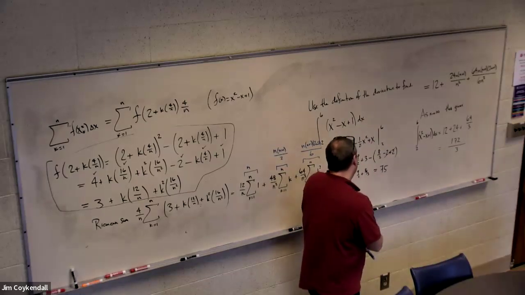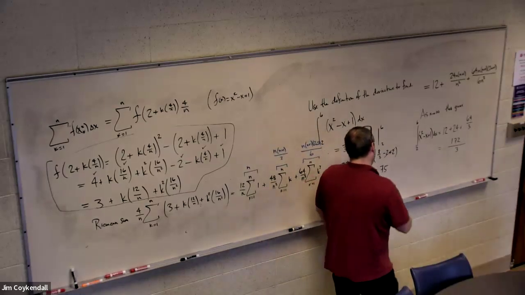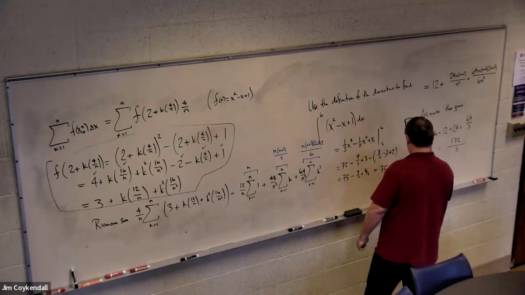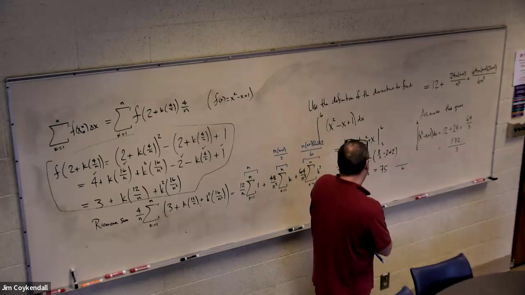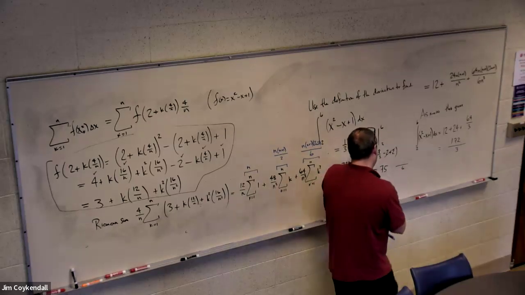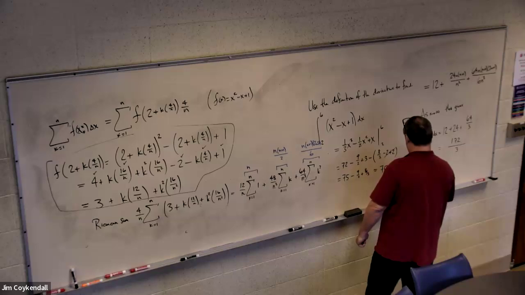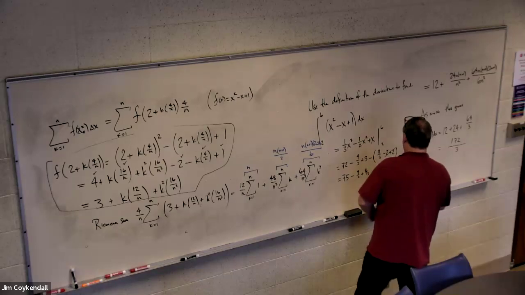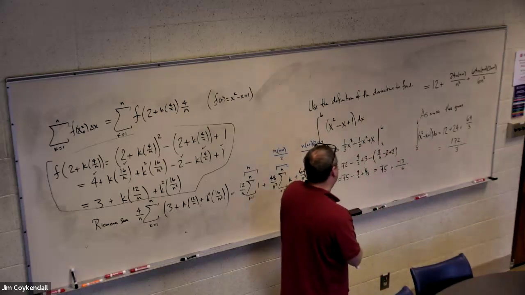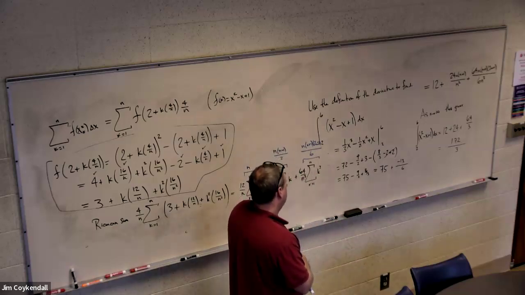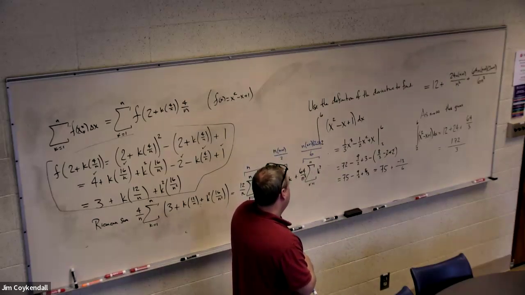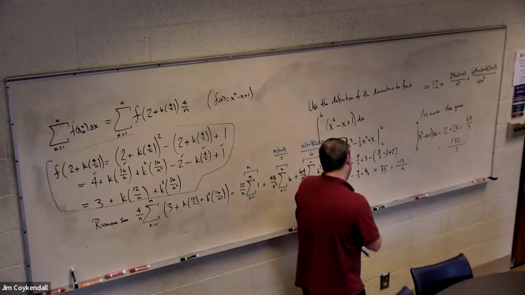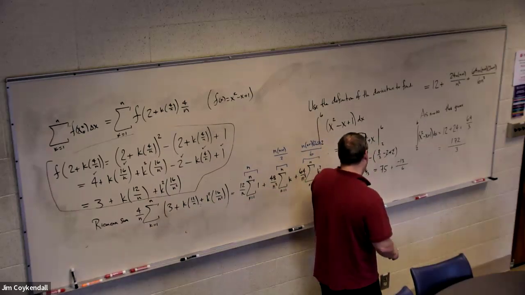So, what's 8/3 minus 9/2? 6. So, 6 minus 27 plus 16.